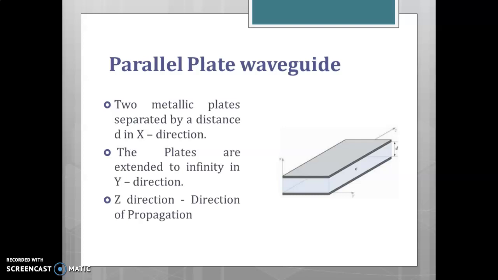The analysis of all these waveguides will be described in detail in later lectures. In this lecture, I will just go through the basics of waveguides, modes of operation, parameters, and finally the applications of waveguides.